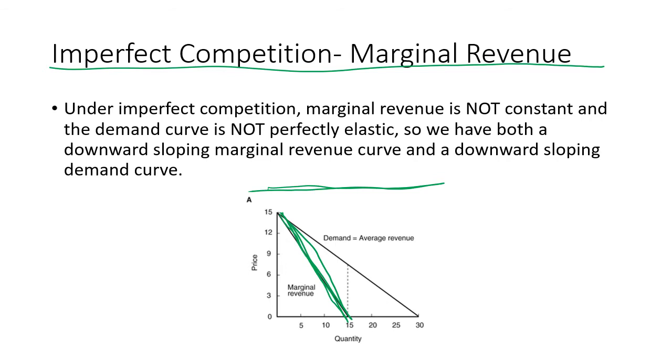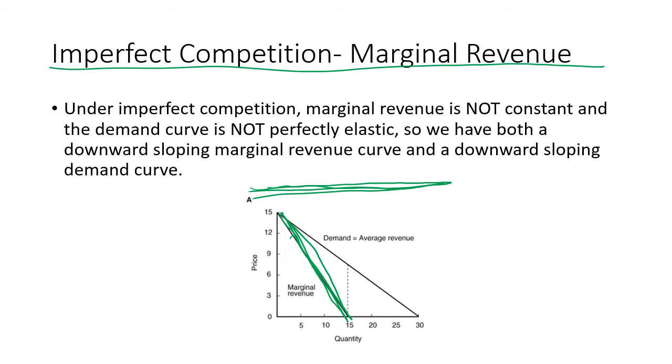This is because the amount that the producers are receiving for each additional good is actually decreasing. We're not going to go into all of the whys and the hows, because if you want to know a little bit more information about that, you can look at your textbook, but they don't actually explain it super well.